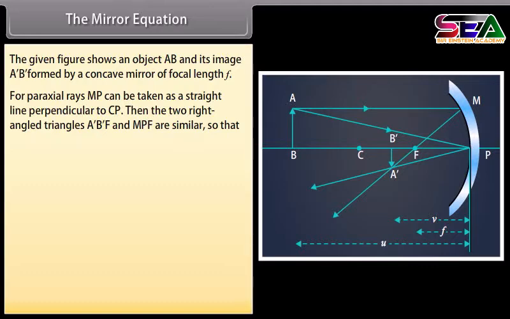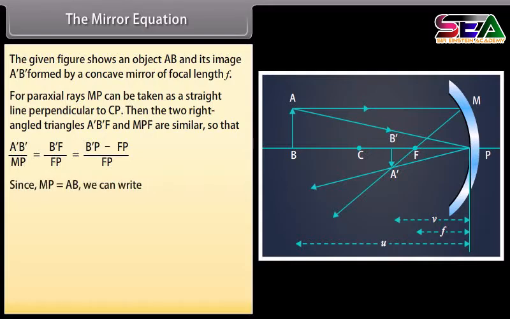Then the two right-angled triangles A'B'F and MPF are similar, so that A'B' by MP is equal to B'F by FP, which is equal to (B'P minus FP) by FP. Since MP is equal to AB, we can write A'B' by AB is equal to (B'P minus FP) by FP.